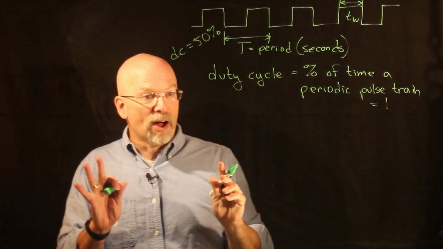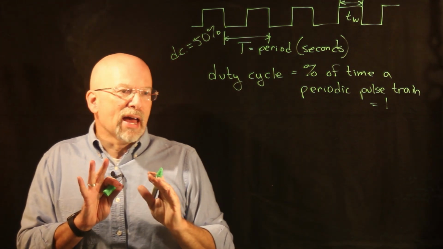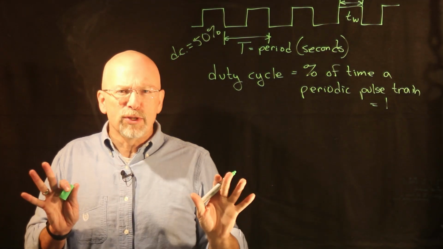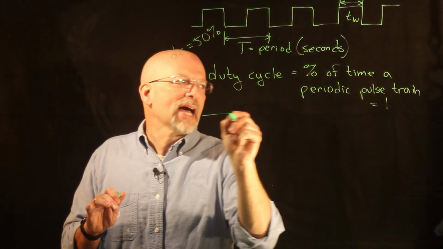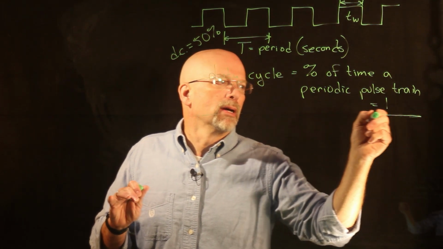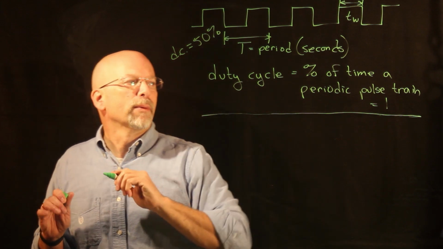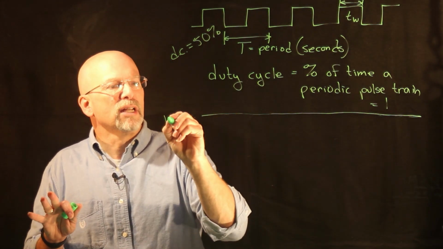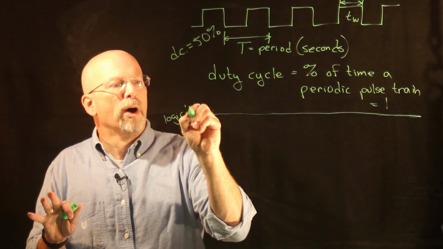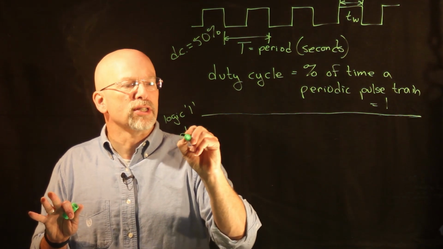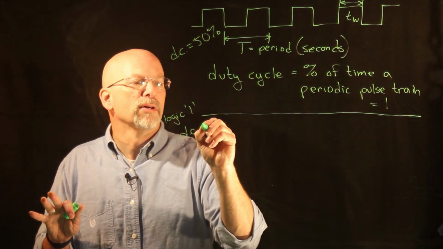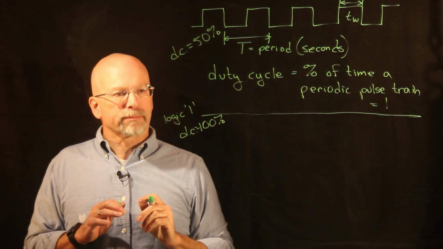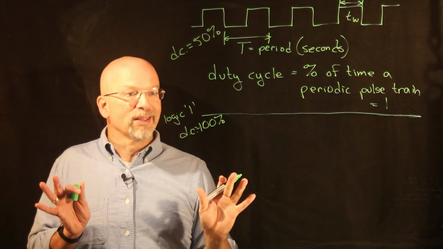Now, if we wanted to have the LEDs on full, as 100% power, that's just a constant logic 1, and this is a duty cycle of 100%. What about if we want to turn the LEDs off?